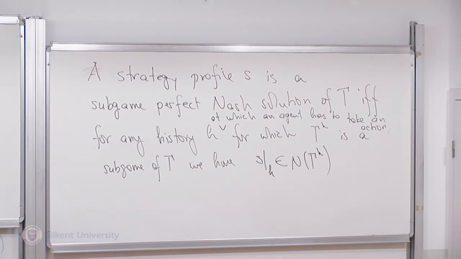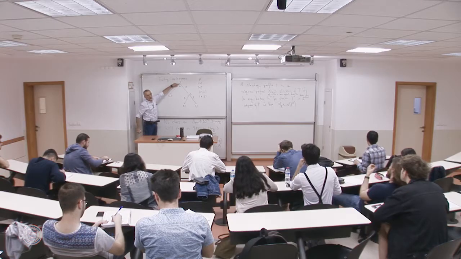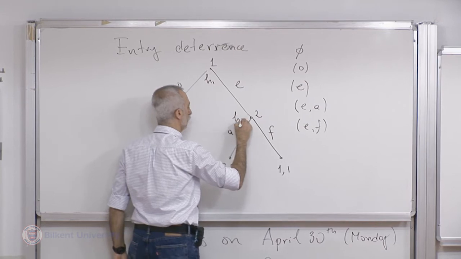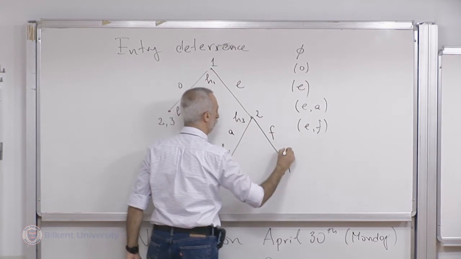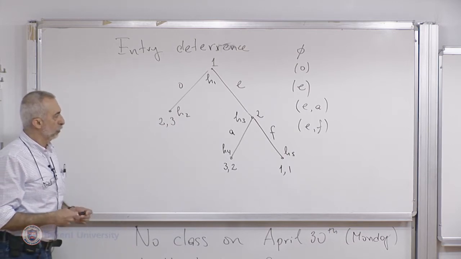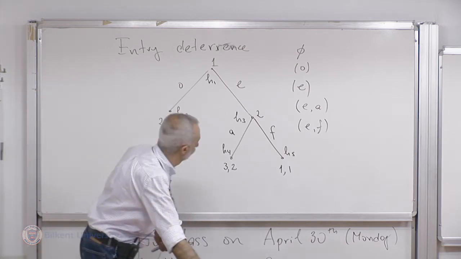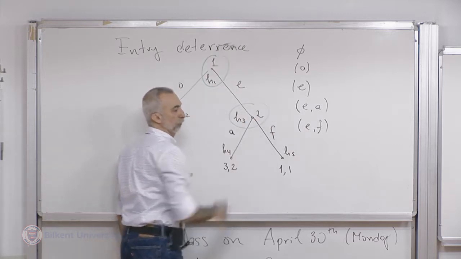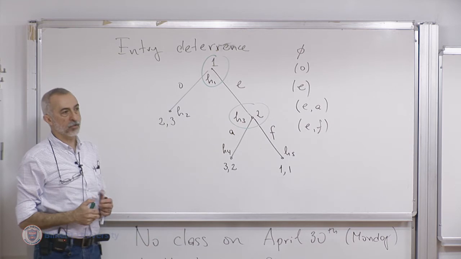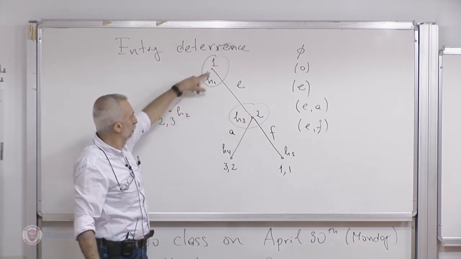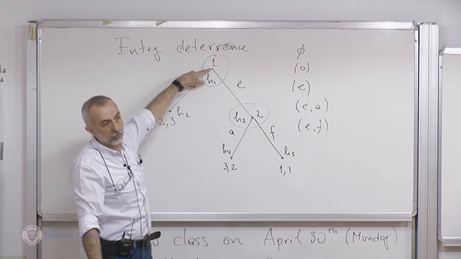Let me call this the history corresponding to this node, H1, H2, H3, H4, H5. Okay? So there are 2 action histories, action nodes, this one and this one, and for the part following H1, well, it's the original game, so it's a subgame of the game.